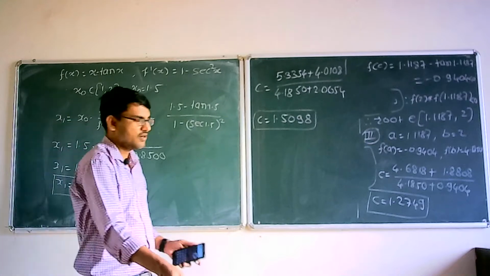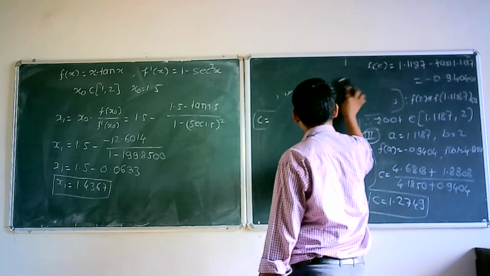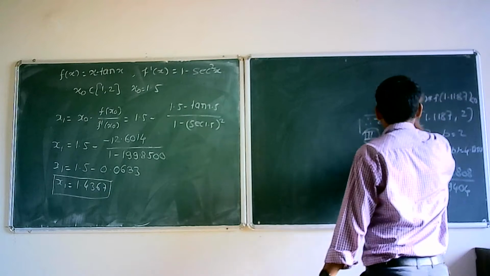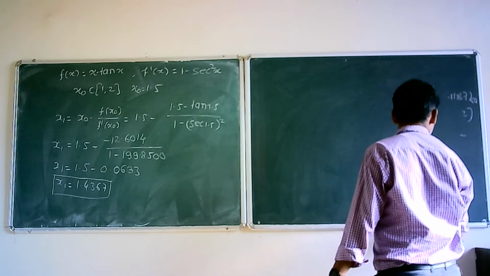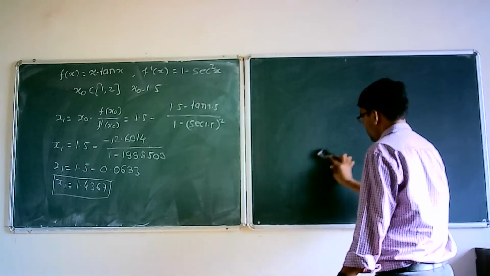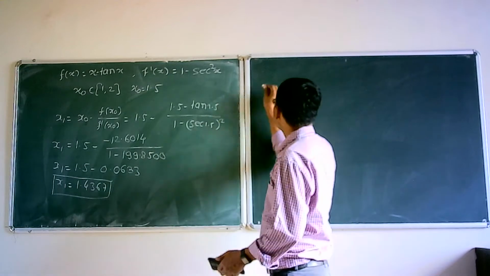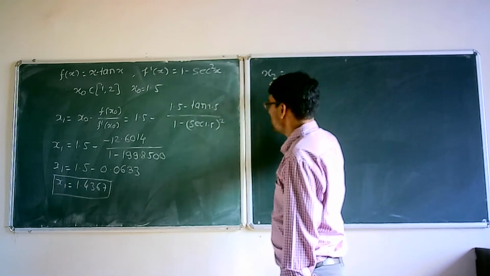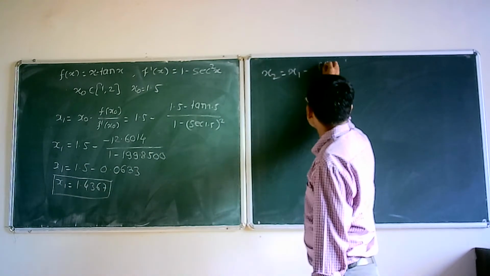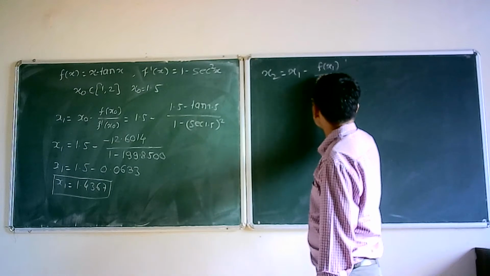This is x1. Now if you find x2 using the Newton-Raphson method, x2 is equal to x1 minus f of x1 divided by f dash of x1.